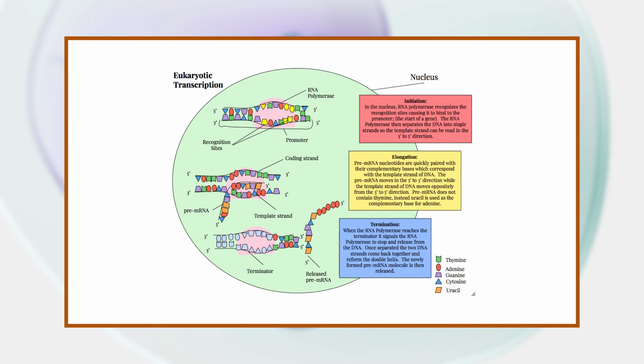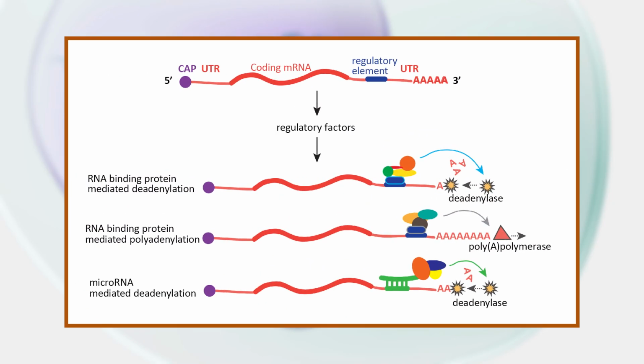In eukaryotes, the primary RNA transcript undergoes structural and chemical change after transcription to become a mature and functional RNA, which is then transported out of the nucleus to perform various functions. These modifications are called post-transcriptional modifications.